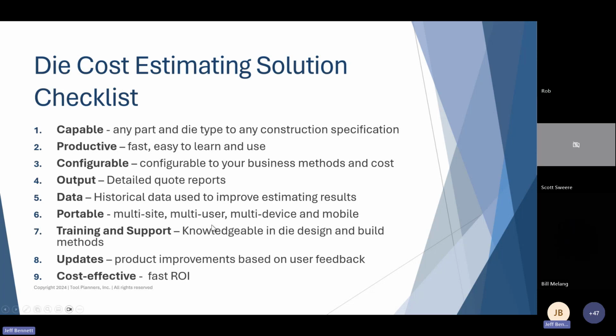It should be, of course, multi-user. You should have an administrative user that controls what all the other users can do. And then it's ideal if it will run on multiple devices, laptops, desktops, even mobile devices such as tablets and phones.